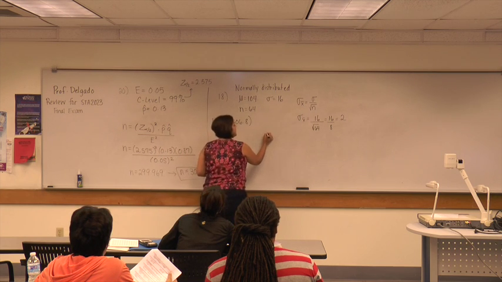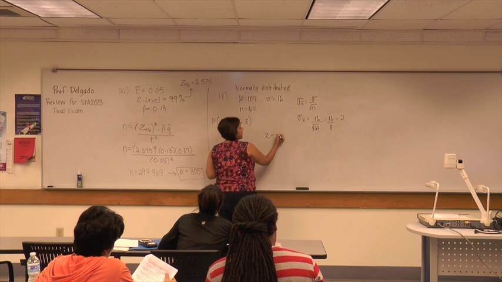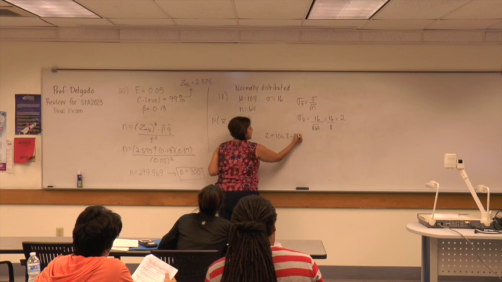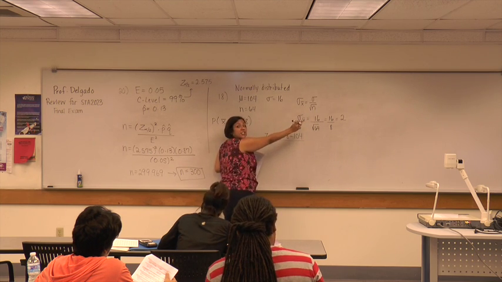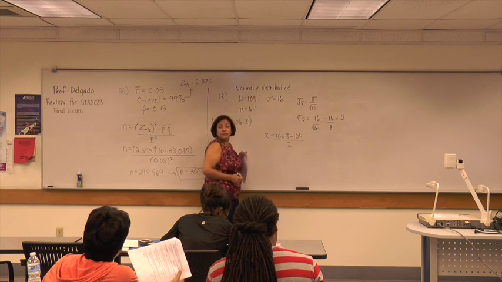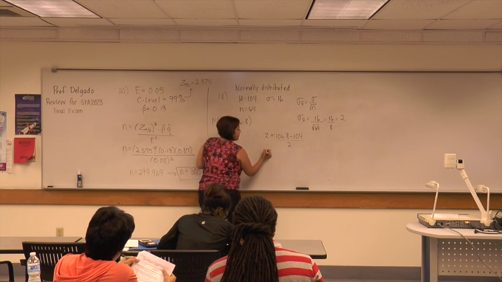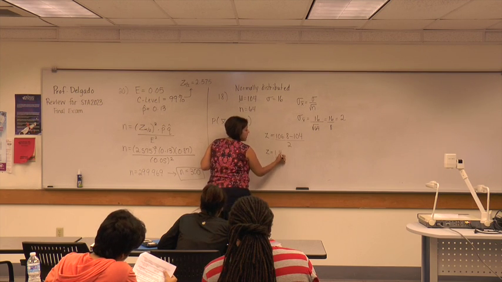So that z-score is going to be 106.8 minus the mean, which was 104, over the adjusted standard deviation, which is 2. If you work that out, I believe you get 1.4 for z.